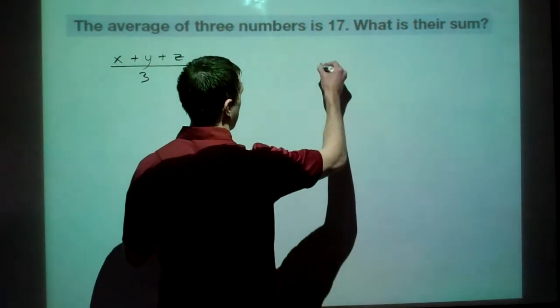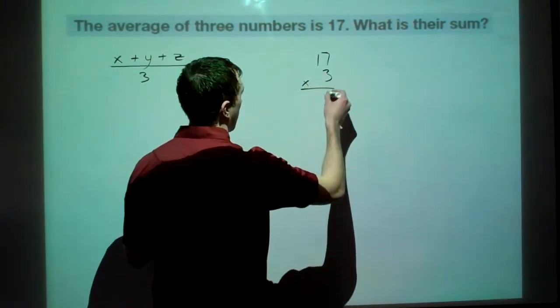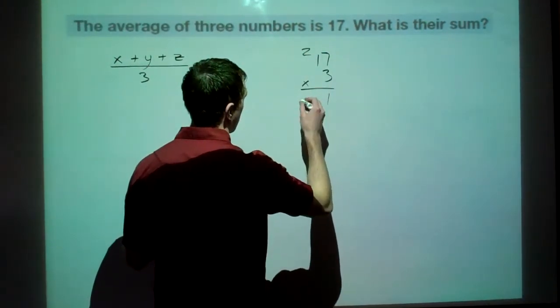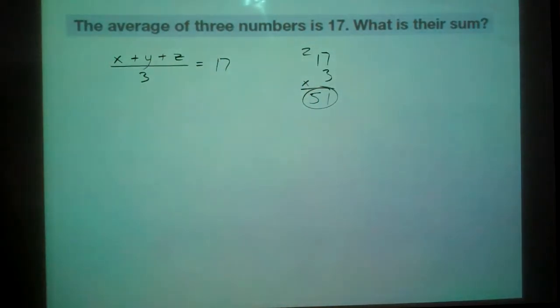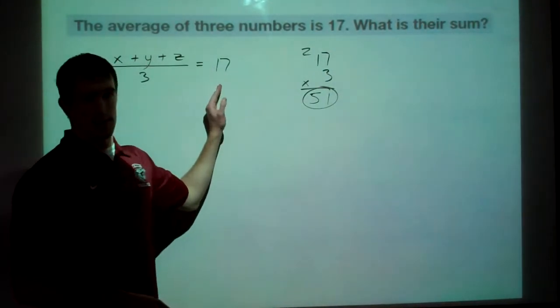So let's just do 17 times 3. 3 times 7 is 21. 3 times 1 is 3, plus 2 is 5, so 51. So the sum is 51. And if we divide 51 by 3, we get 17.